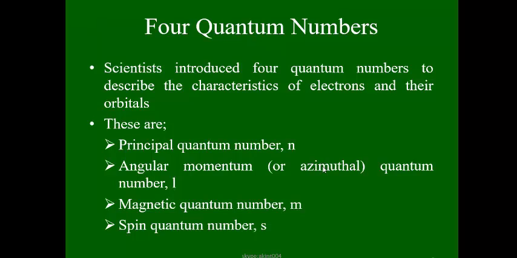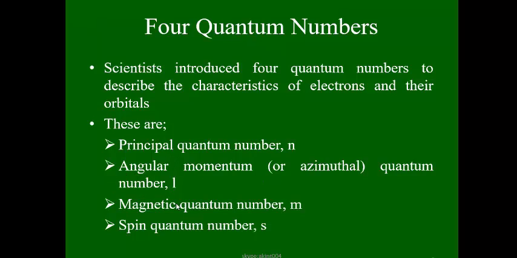In describing this, we have 4 quantum numbers. Number 1 is the principal quantum number, designated as n. The second one is the angular momentum quantum number, also called the azimuthal quantum number.